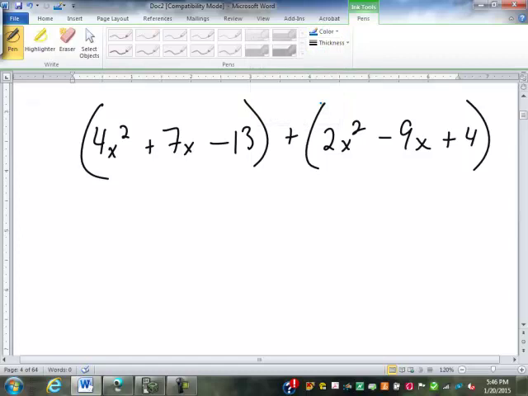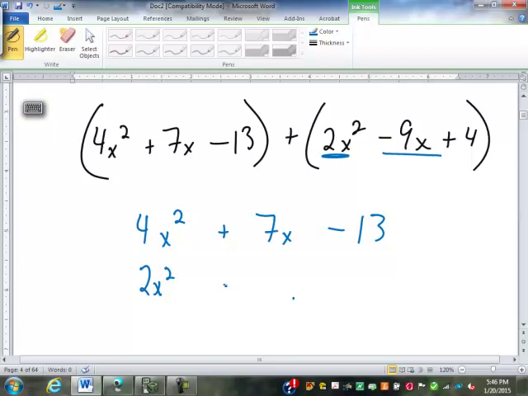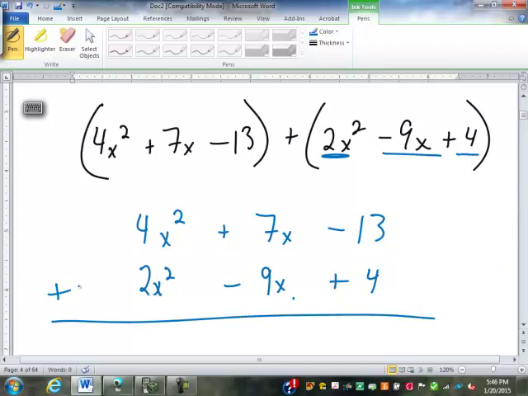Now this looks ugly, and it kind of is, but it's no different than adding whole numbers or integers. We can set it up, making sure we line up the digits with the same place values. The 2x squared is going to go with the 4x squared. The negative 9x is going to go with the 7x, and the 4 goes under the 13. And we're going to add.